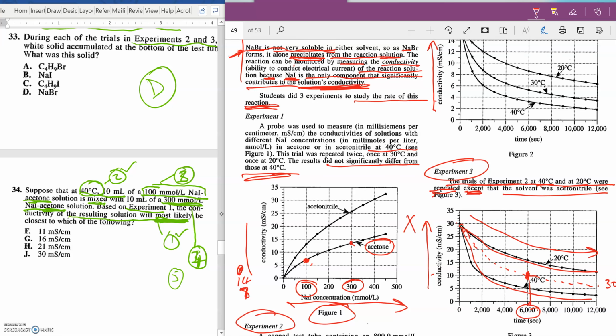So we look at the answers. We've got 11, 60. Okay, 16 is too big. 21, 30. So it's most likely 11, because it's between the values of 7 and 14. A hard passage. Hopefully you don't get one of those in the ACT, but if you do, just try and keep calm and do your steps and work it out as best as you can.